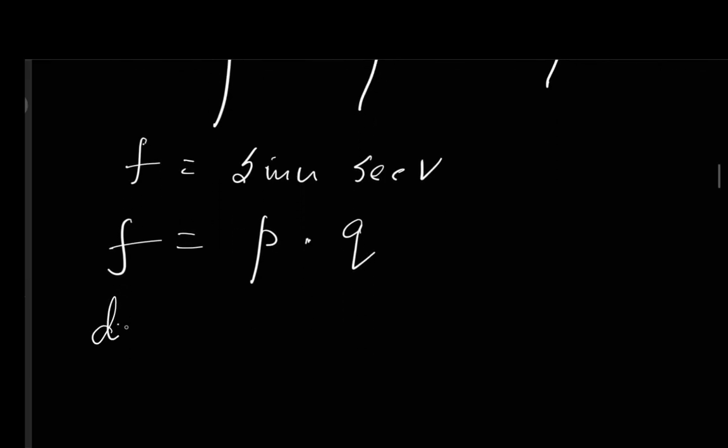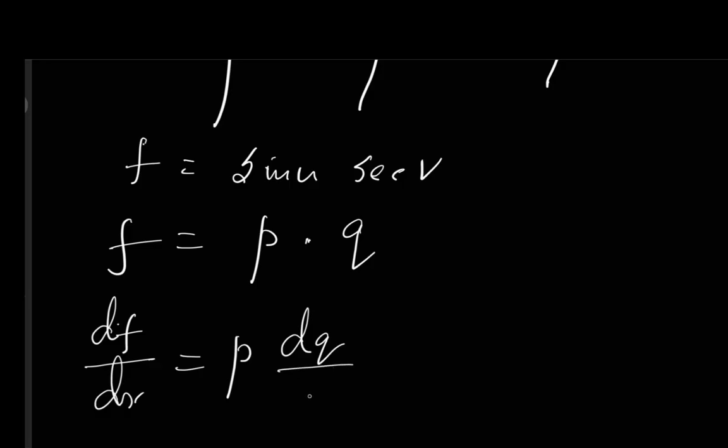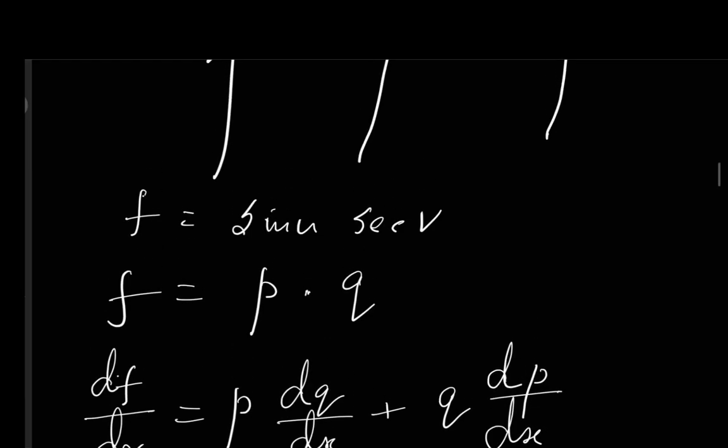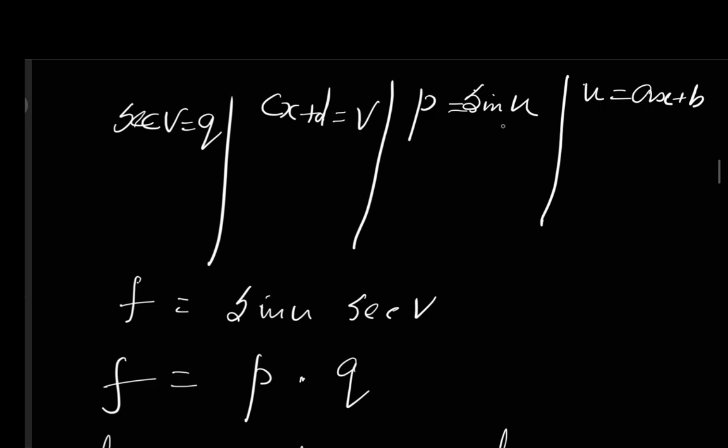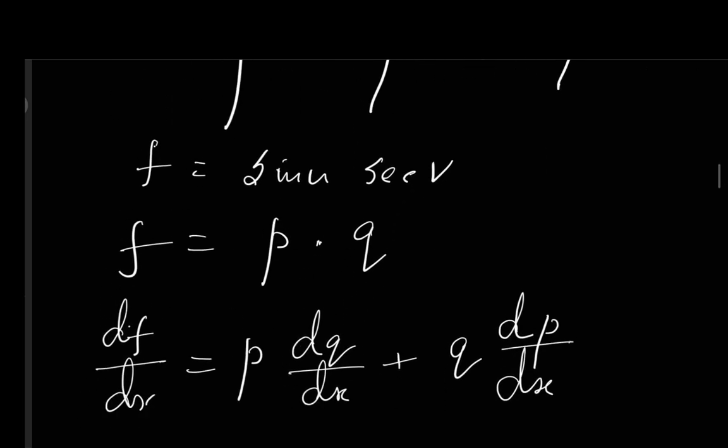So you find df by dx. Apply the UV method: keep p as it is, dq by dx, plus q dp by dx. So p is equal to sine u.